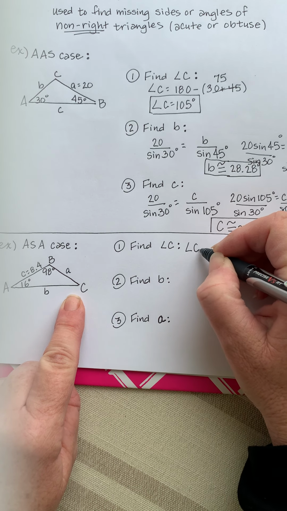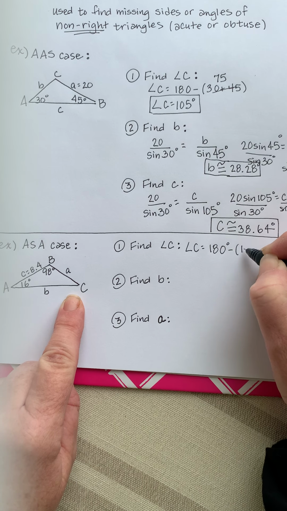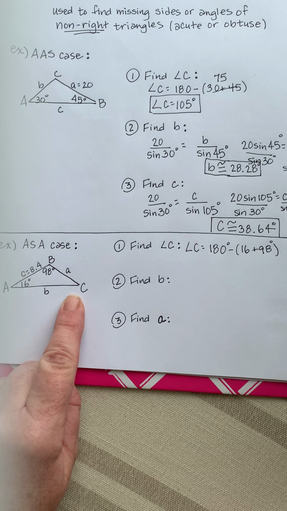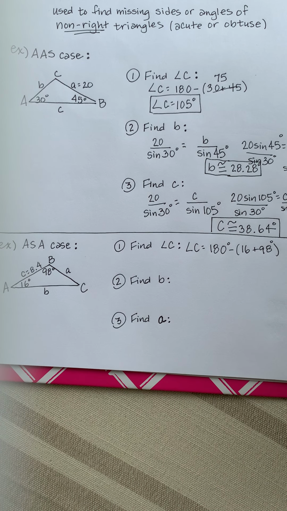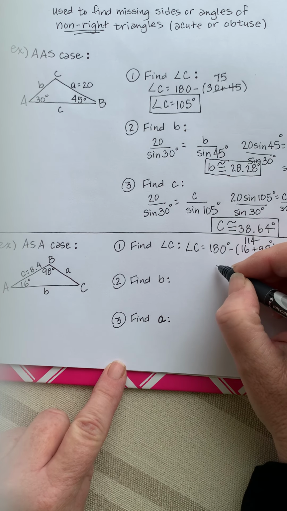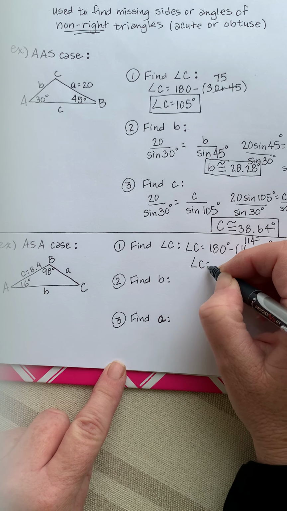So angle C is equal to 180 minus 16 plus 98. Okay? And 16 plus 98, oh, wow, my brain is not working real well here today, is 114. And 180 minus 114 is going to be 66 degrees.